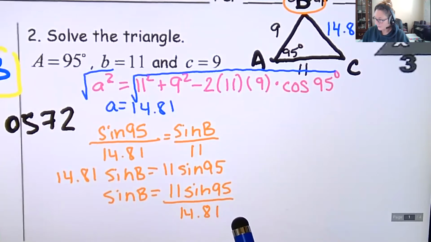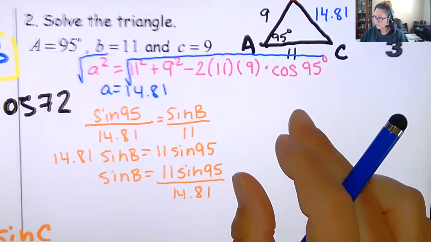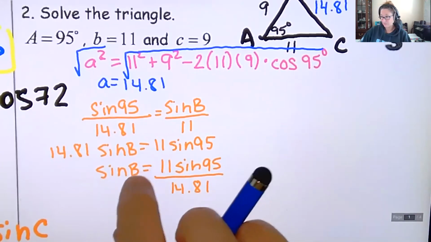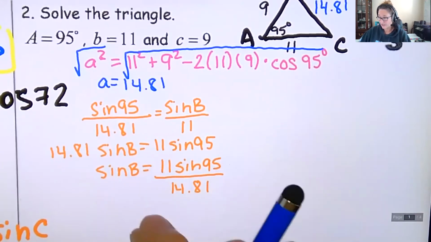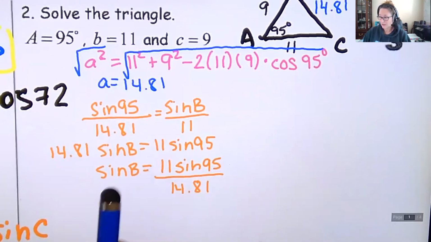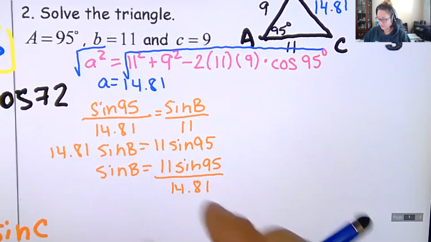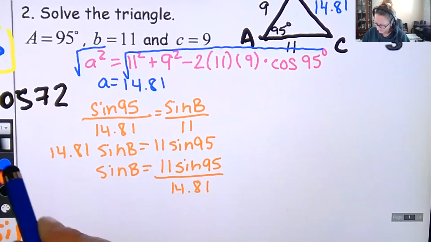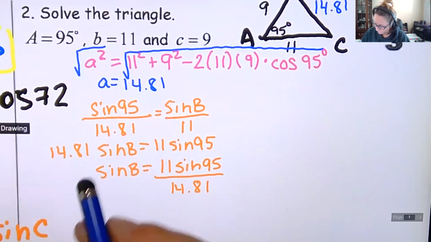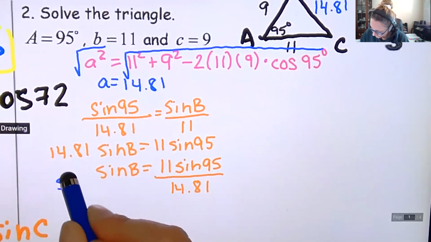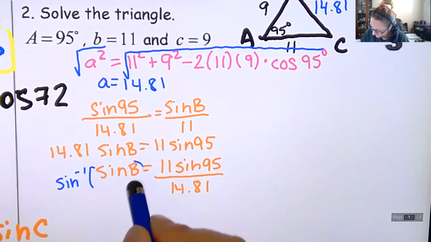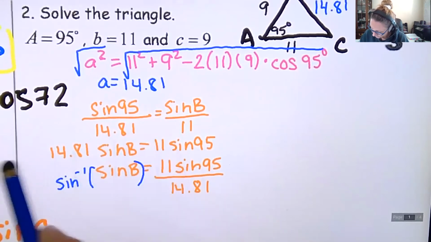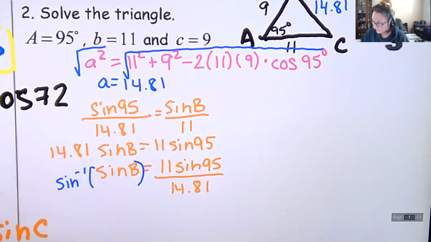Now, what I'm going to do is, this is sine of B. I want actual B. So I'm going to really be taking the sine inverse of both sides. I'm just going to write that in. I usually don't write it in, but I just want you guys to see what I'm doing. So I'm taking the sine inverse of this side, and I'm going to take the sine inverse of the other side.